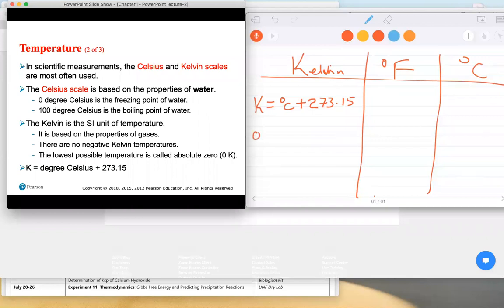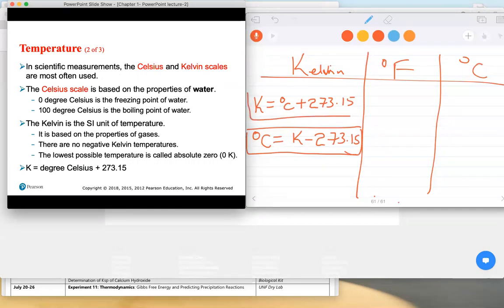Alternatively, degrees Celsius is given by Kelvin minus 273.15. It's just algebra. So to change from Kelvin to degrees Celsius, or from degrees Celsius to Kelvin, these are the equations.